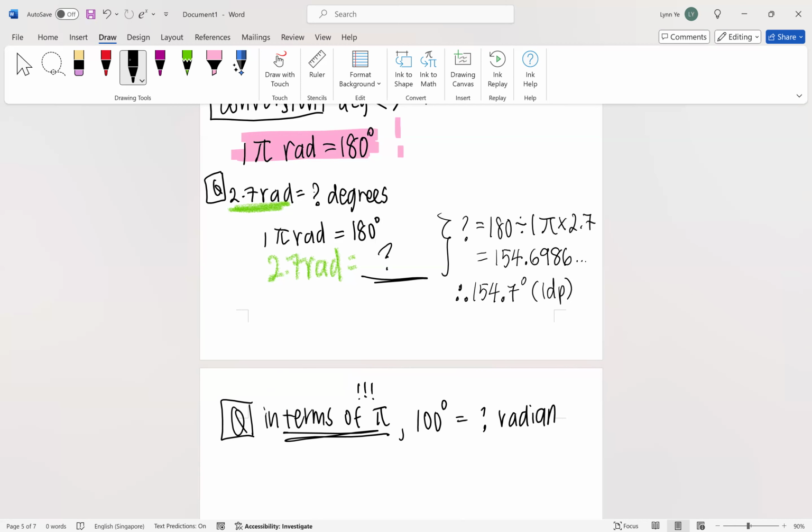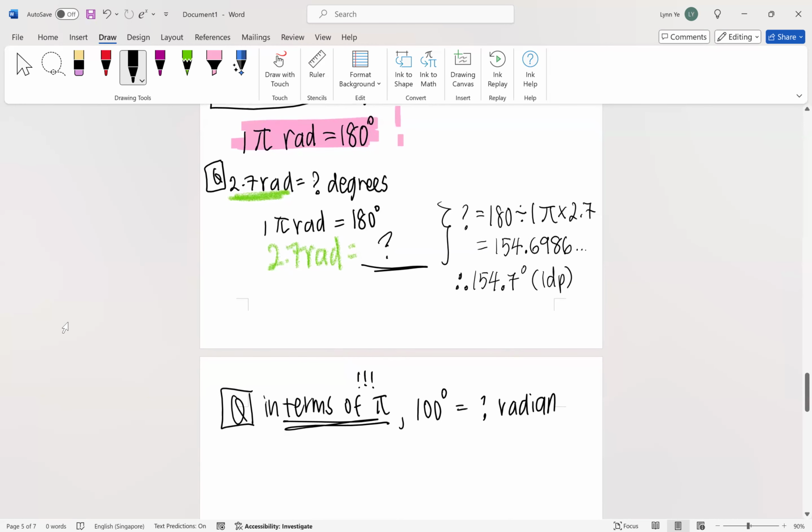This is a mistake that a lot of students make. The default is the same thing. What do we have to start off with? 1 pi radian is 180 degrees. Now, what clue did they give me? The number they give me is 100 degrees.